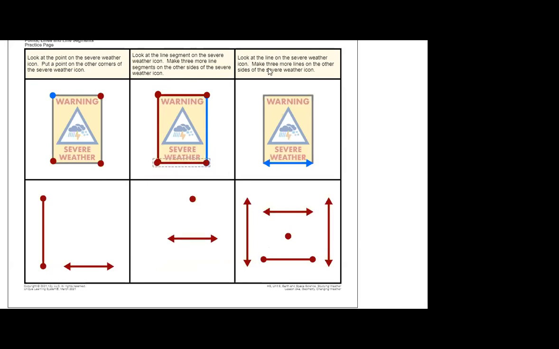Okay. So, look at the line on the severe weather icon. Make 3 more lines on the other sides of the severe weather icon. So this line is a regular line. It has no start point and no end point. It can go on forever if it wants to. So I'm going to put my first one at the top.